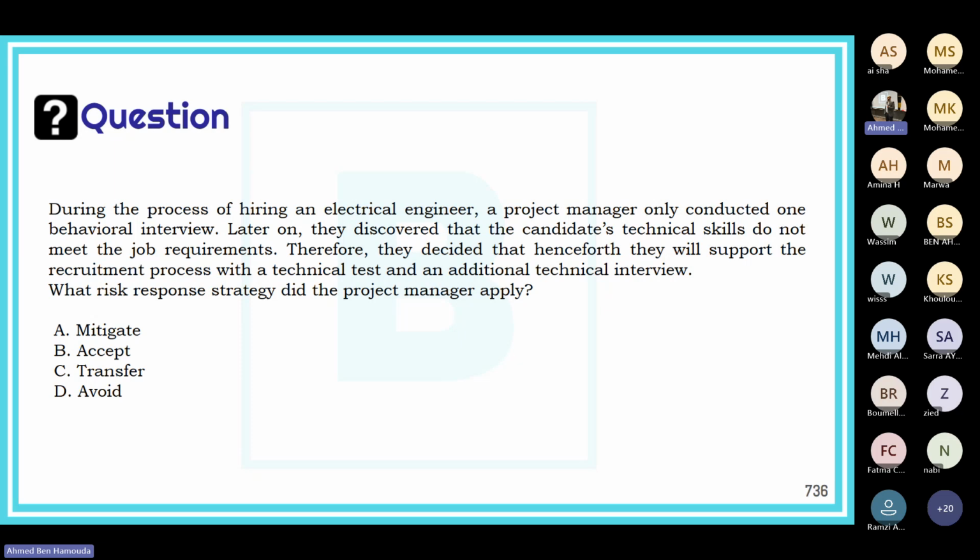That's not what they said. What they did was improve the process, so they took steps to minimize the probability of making the same mistake again. And therefore, that's called mitigating. So what the project manager did here is mitigate.